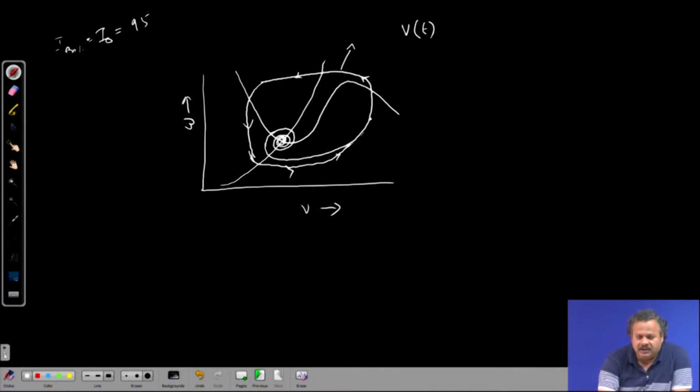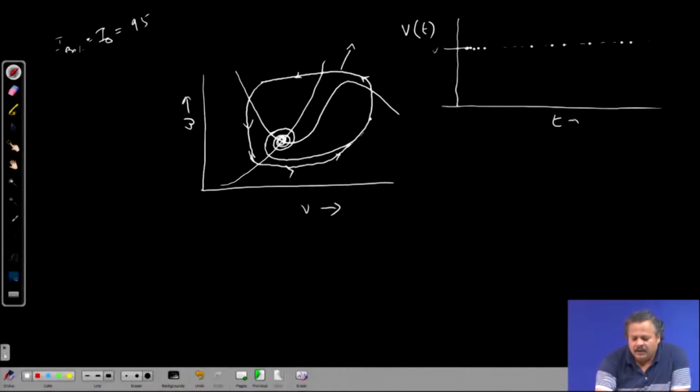So, the V(t), which is the solution here, can be plotted, and it will turn out to be, let us say, this is the particular v value, this is time. So, this is the v of the equilibrium point. If you start here, what we are seeing is a movement in v like so, and then all of a sudden it bursts into large oscillations.